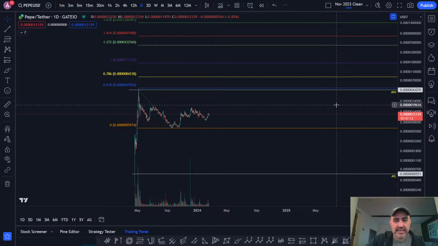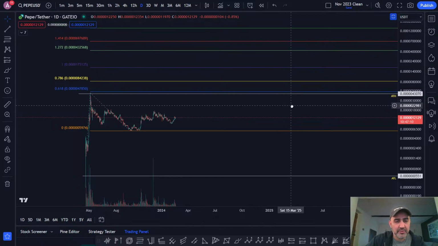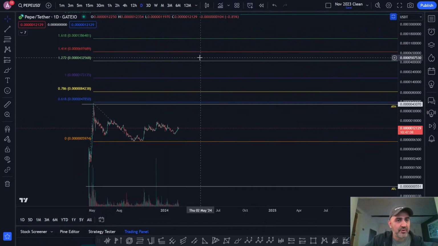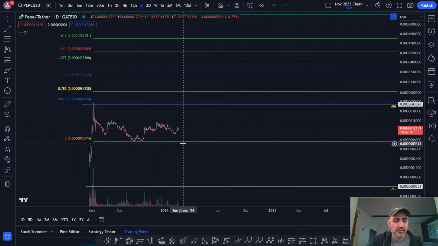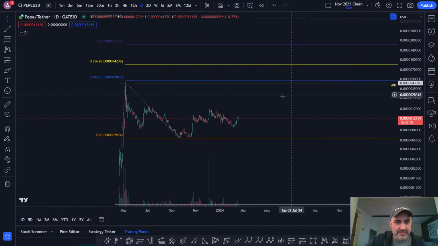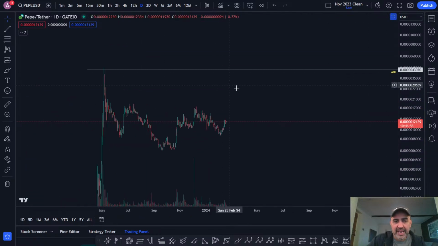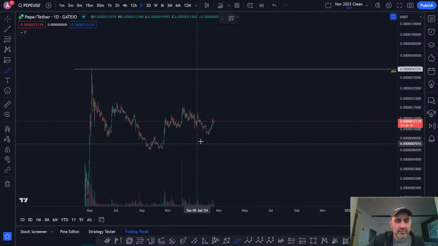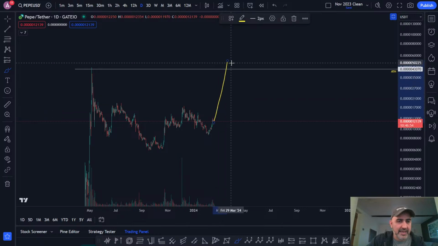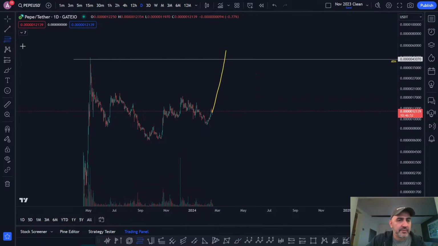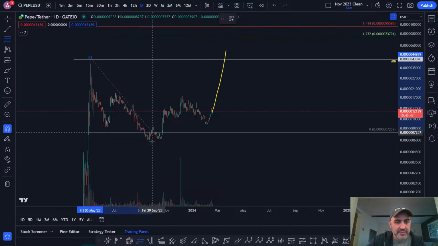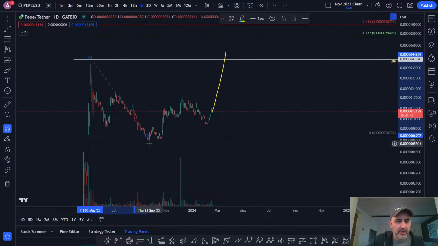And then the key challenge for most people who are in this token now is to take profit at key levels. The best way to do that, in my mind, is if we go up to make another high, the easiest way is just to take a fib extension to whatever low is formed.